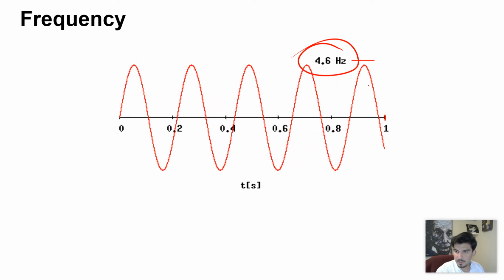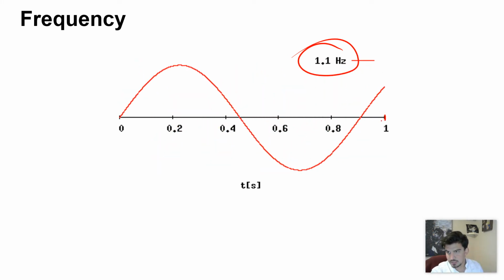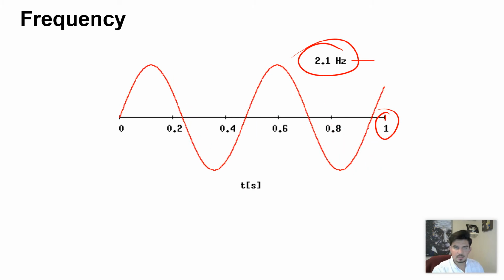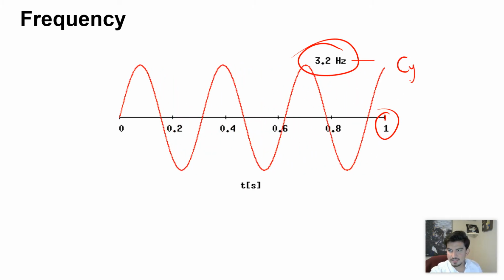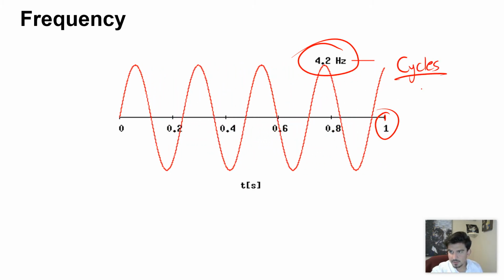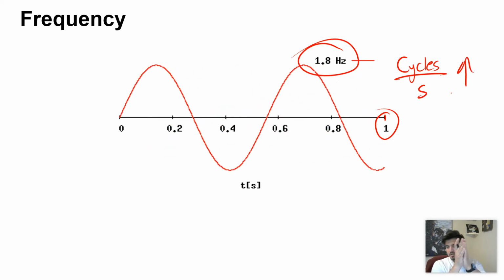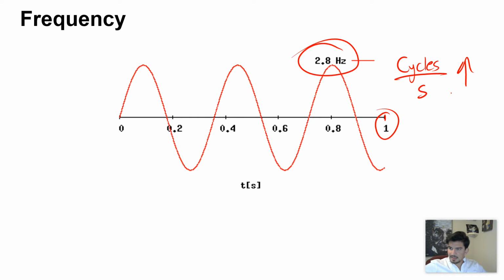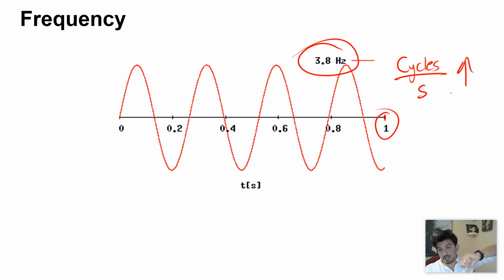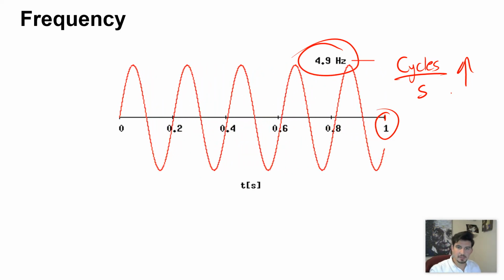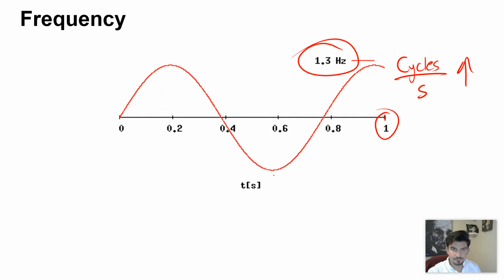So we're cramming more of these oscillations into 1 second. So the number of cycles per second is increasing, okay? And then alternatively, if we were to take it and then stretch it back out, there would be fewer cycles per second, so you would see the frequency go down.